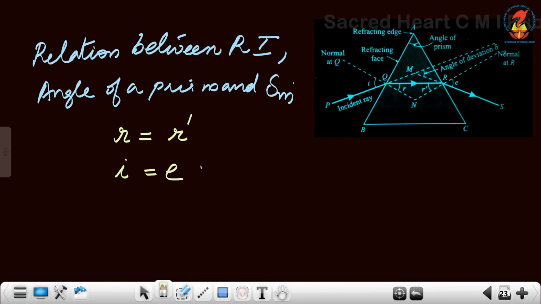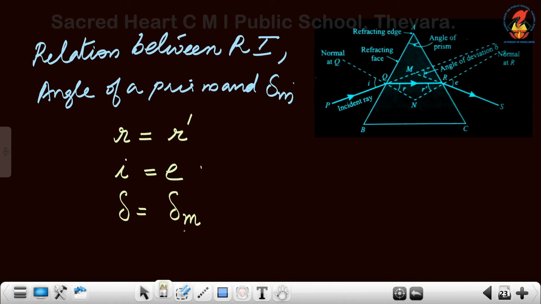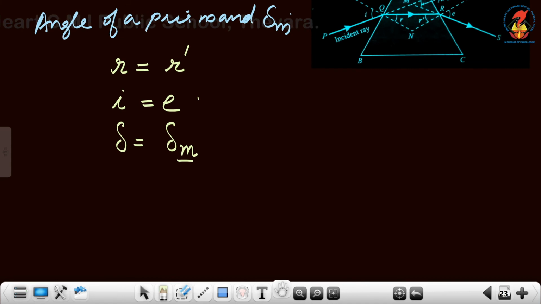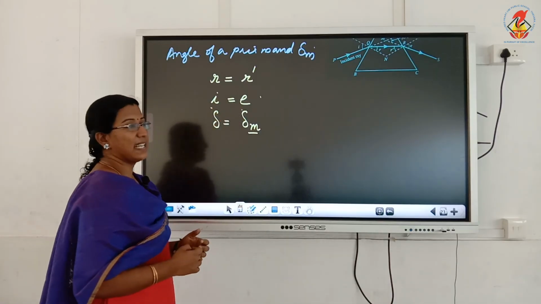If these two conditions are satisfied, then the angle of deviation can be said to be the angle of minimum deviation, denoted by the letter delta m. So, at minimum deviation, R is equal to R dash, I is equal to E, and delta can be represented as delta m.